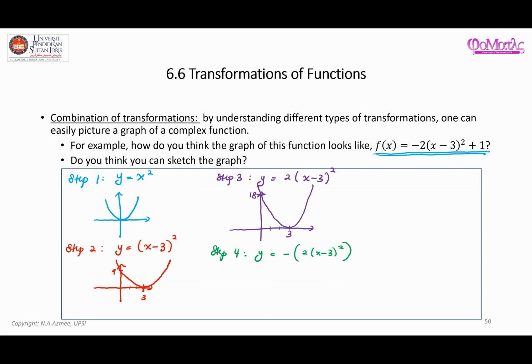So this is saying that the graph here, the purple graph, will be reflected along the x-axis. So my graph will look like this. Okay, so this could be 3, this could be negative 18, so it may look like this.